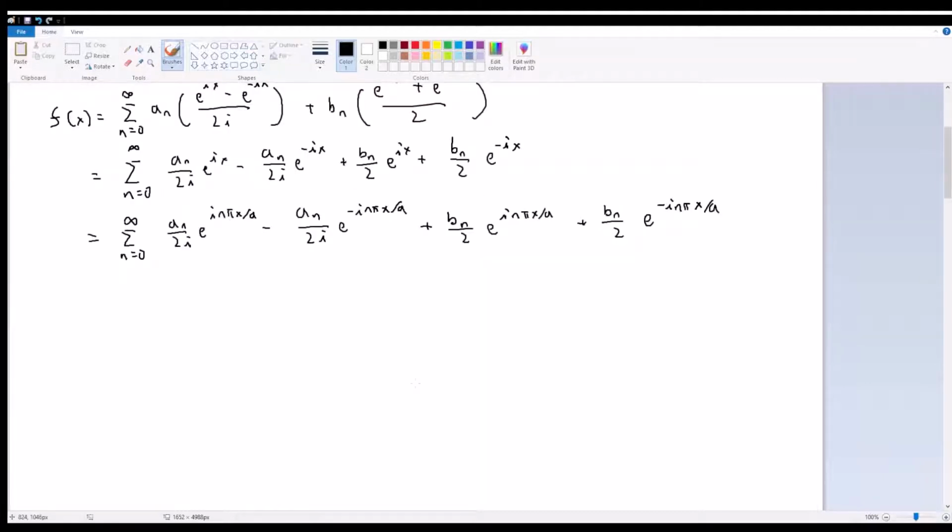Okay, next we can start collecting like terms. So the like term in this case is going to be the exponential, so this is going to give us a summation from n equals 0 to infinity of an over 2i plus bn over 2 times e to the i n pi x over a, and then added with negative an over 2i plus bn over 2, and then e to the negative i n pi x over a.